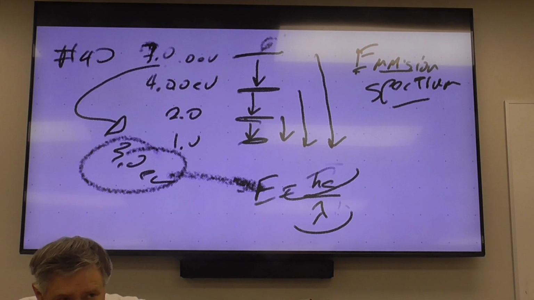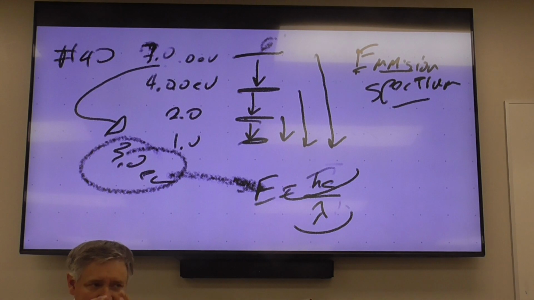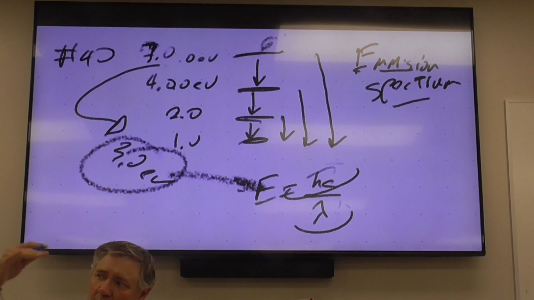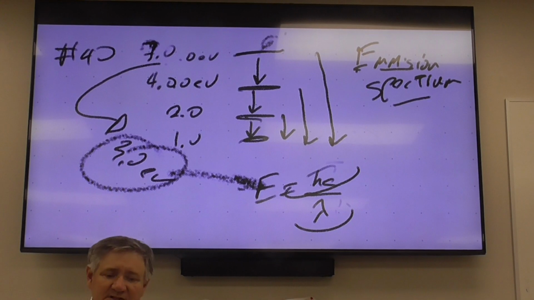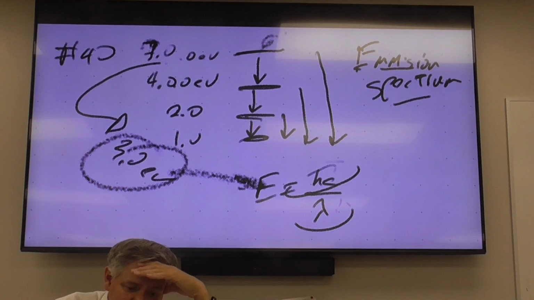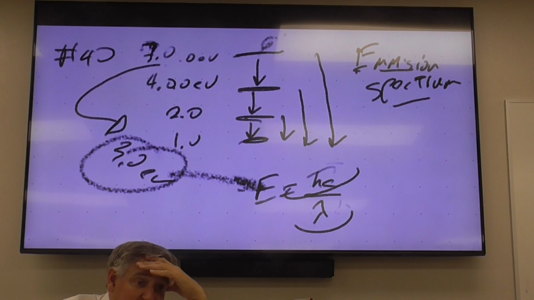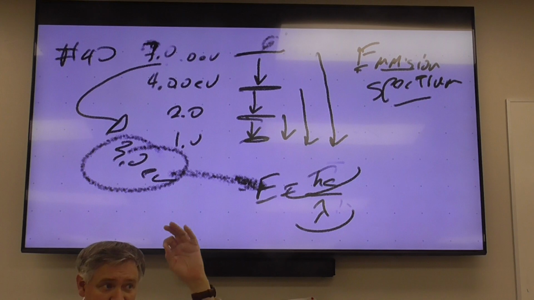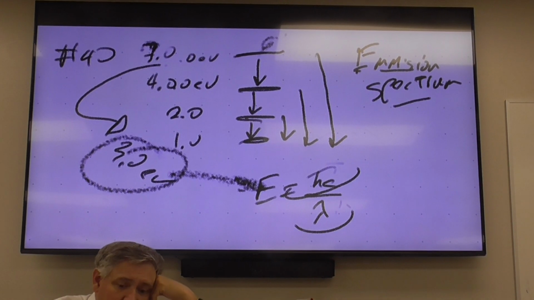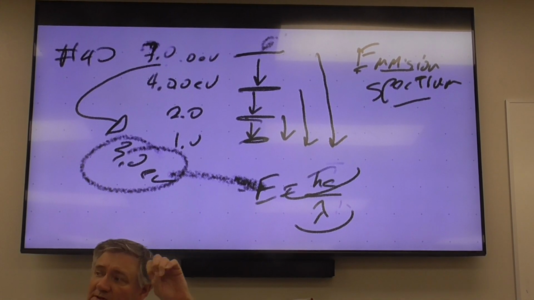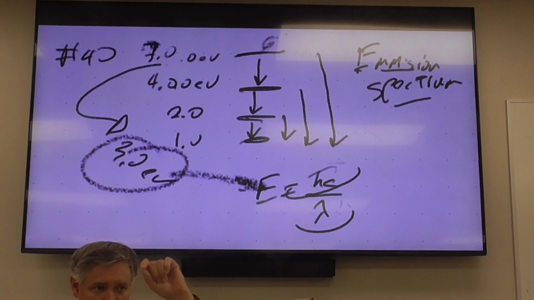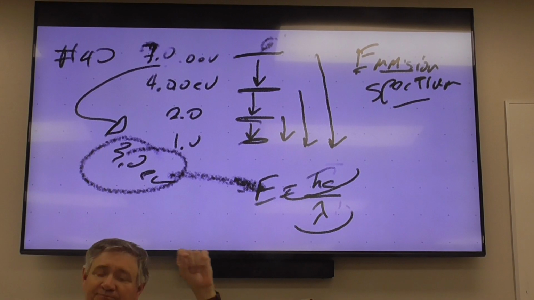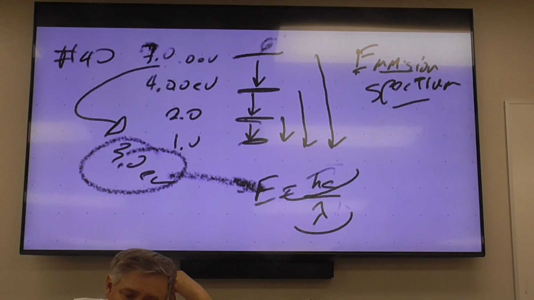This is the cool part about how you analyze light to figure out what's happening with these electrons. If you see a photon being emitted at the 3 electron volt line, you can determine that this should be the wavelength of light that corresponds with that transition. It could also go, once it hits 7, all the way down to 2.